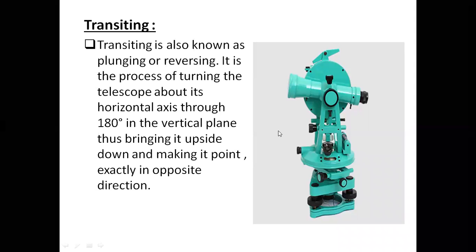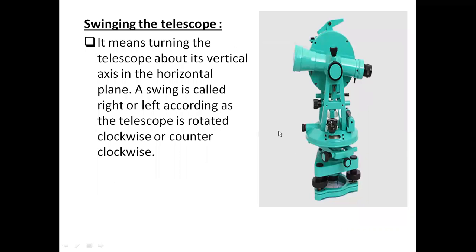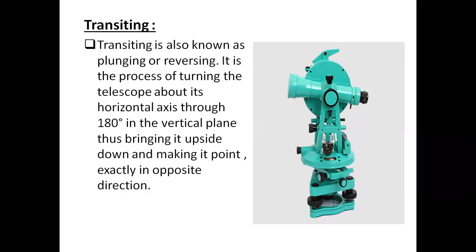Now the next definition: swinging of the theodolite. Swinging means turning the telescope about its vertical axis in a horizontal plane. This is simply revolving in the horizontal plane. Swinging is revolving in a horizontal plane, and transiting is revolving in a vertical plane.